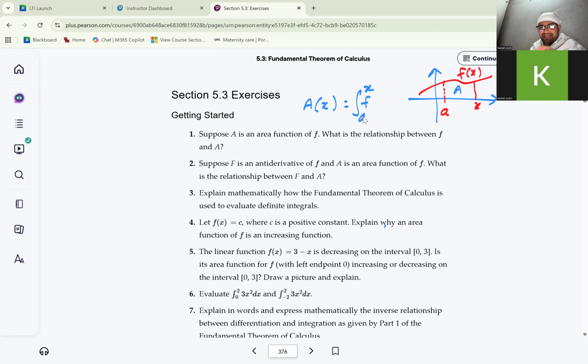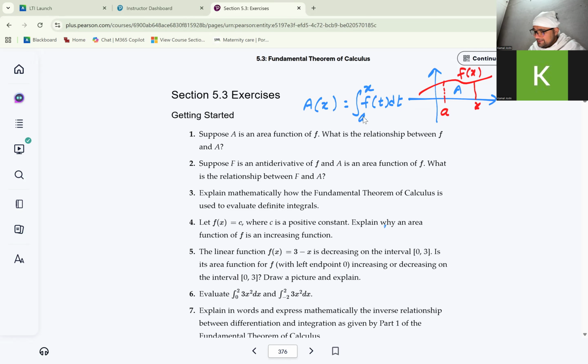But because we are using x as the limit, we don't use x within the integral. We use another dummy variable t, or you can use any other variable, f of t dt.